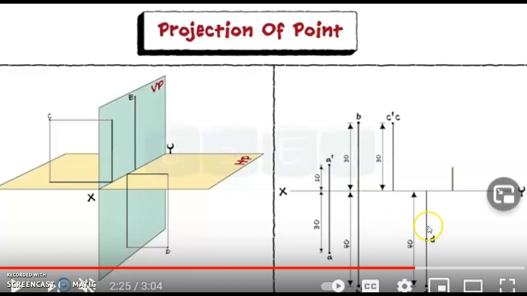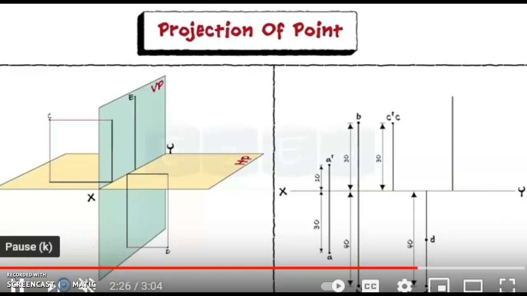So listen, the point D is 20 mm in front. How will it come? If we look from the top side, we will get the 20 mm distance here. That is the point D. That point is the top view. And here on the vertical plane we have the front view. That point we can name D dash. These are the points.